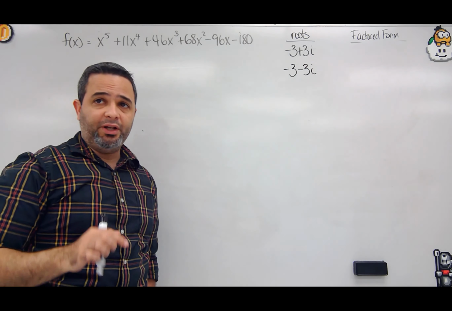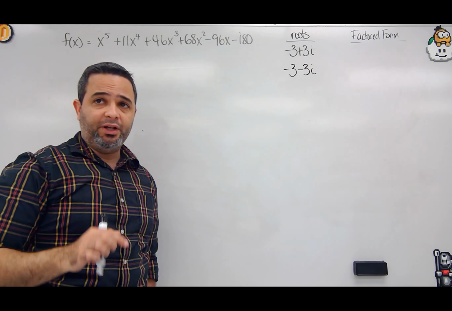So x plus 3 minus 3i, and over here, x plus 3 plus 3i. We're going to multiply those together.